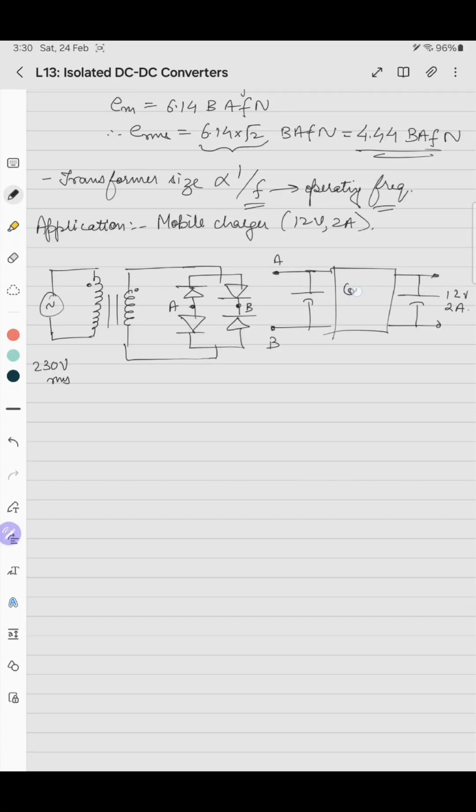This converter can be a linear regulator or a switch mode regulator. Here, say this transformer is 230 to 24 volt, so NP by NS becomes 230 by 24. And what is the voltage across VAB?